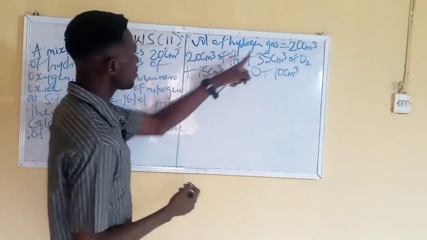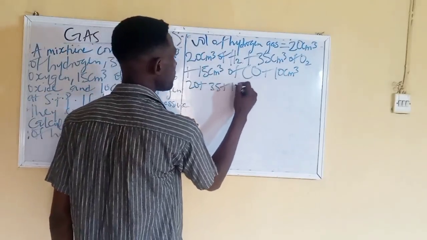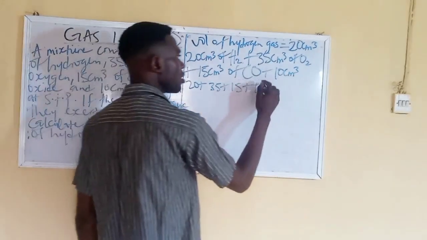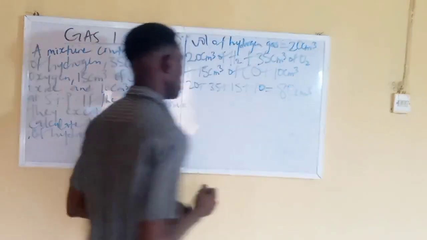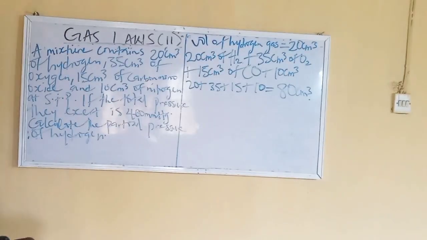In total we have 20 plus 35 plus 15 plus 10, and the total volume is 80 centimeter cube.